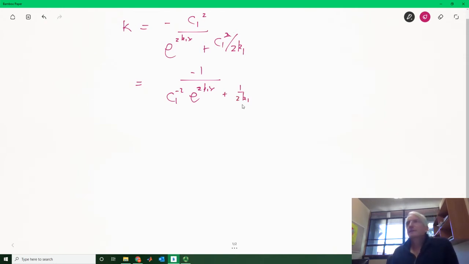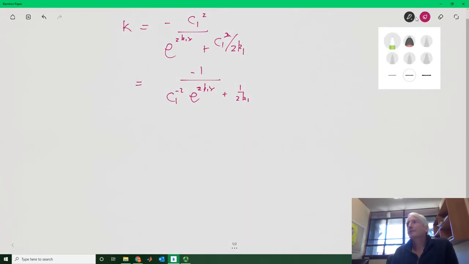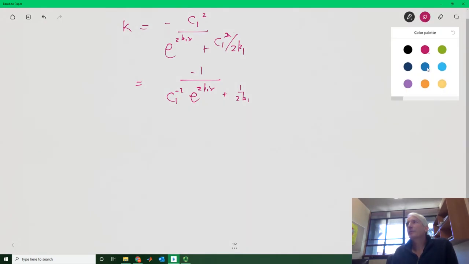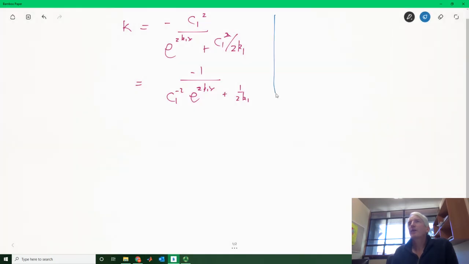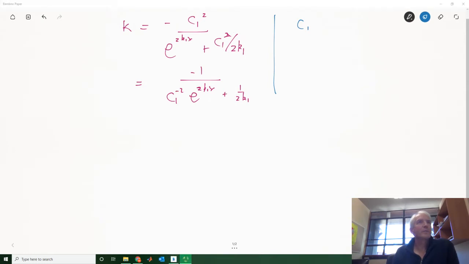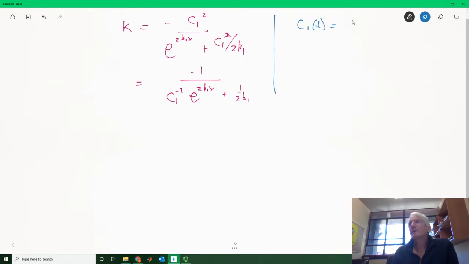Now, we haven't said anything about the C's yet, but we know that the C's evolve according to this. The K's don't change as they evolve. Remember, this is a function of time. So the C1s go according to this Schrodinger's equation. They go as C1 of t is C1 of 0 e to the 4K1 cubed t.